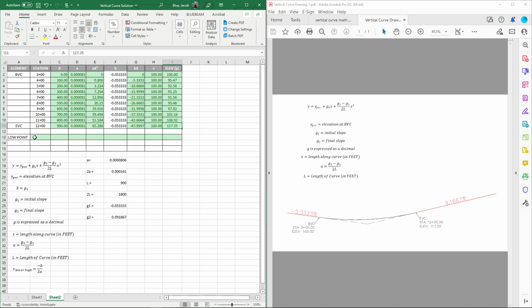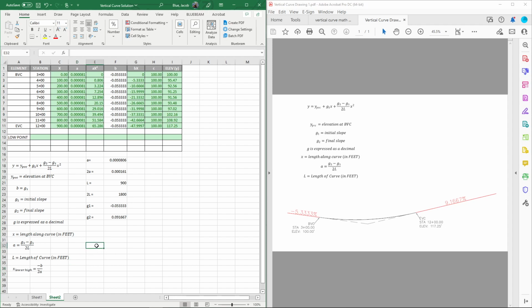So this last portion here, I can figure out where exactly the low point or high point in my curve happens, and I can do that with this formula right here, negative b over 2a. So I'm solving for x, where on my x-axis does that happen? That happens where negative b divided by 2a, that's going to give us some distance in x.